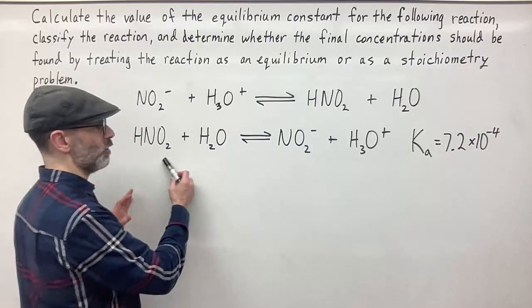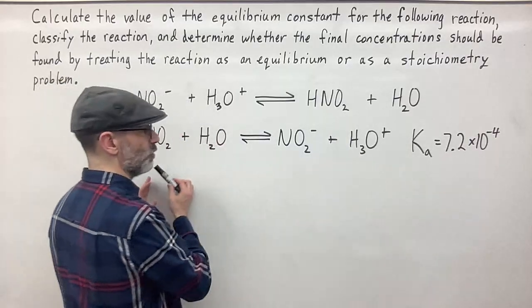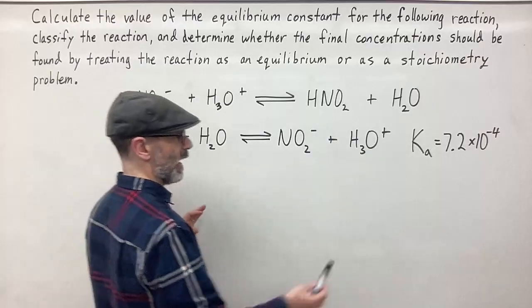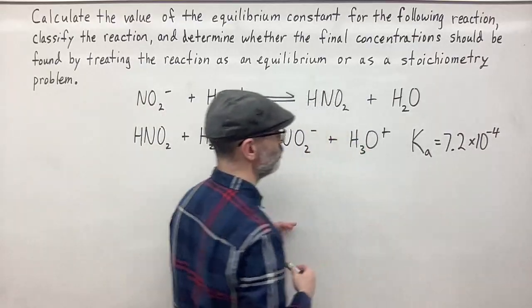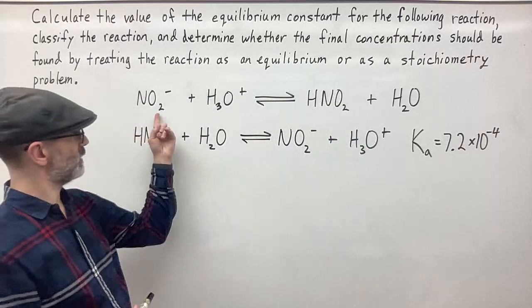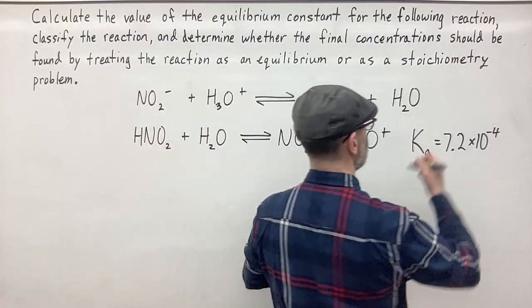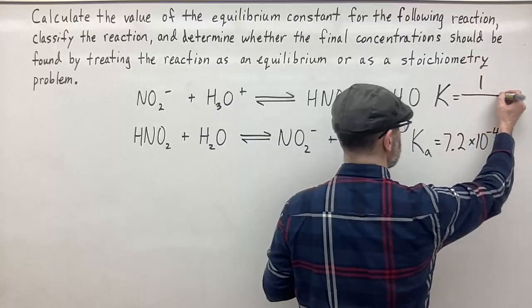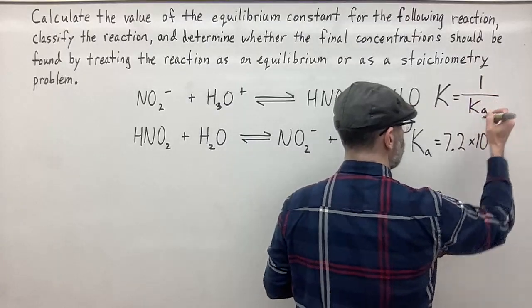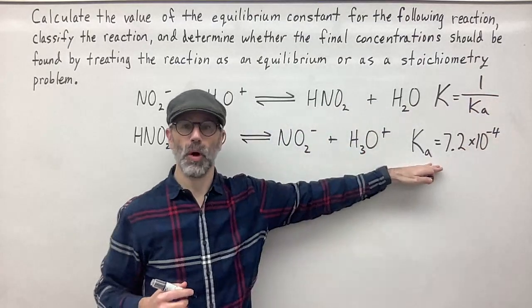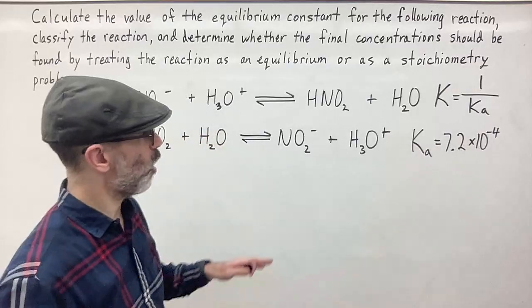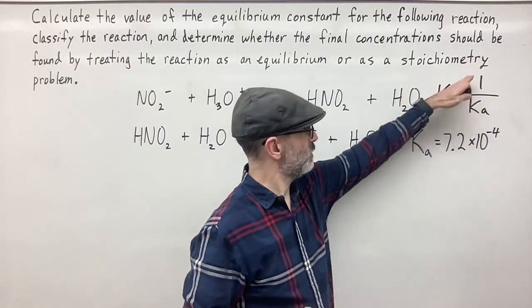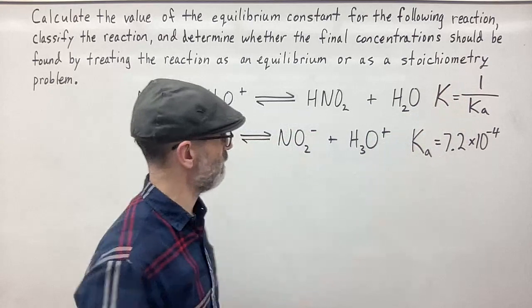So here, if we treat this as the old reaction, and we know the Ka value, then if we flip it to get this one, the K value for this one has to be the reciprocal of the Ka value of the one we flipped. So all we have to do is take 1 divided by the Ka value to get K.